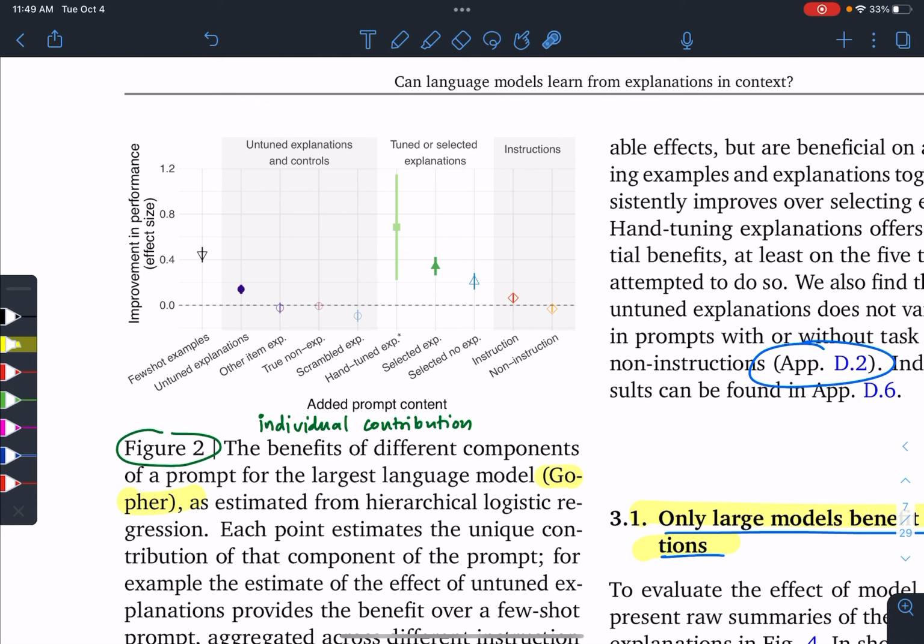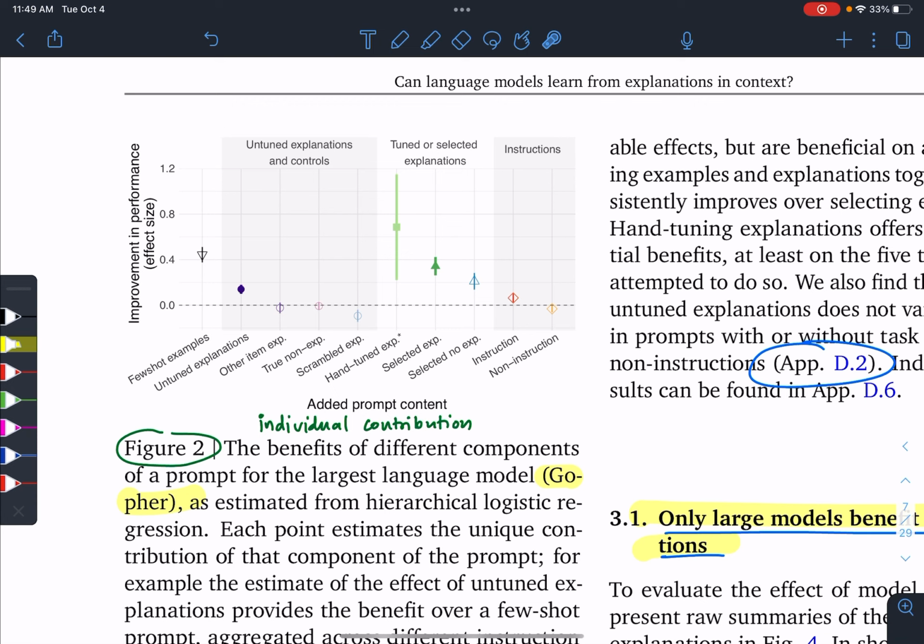The dataset is a subset of BIG-bench datasets. It's 40 tasks which are chosen based on 4 constraints. Let's discuss what those 4 constraints are. The overall prompt should not exceed the context window of our models, 2048 tokens.